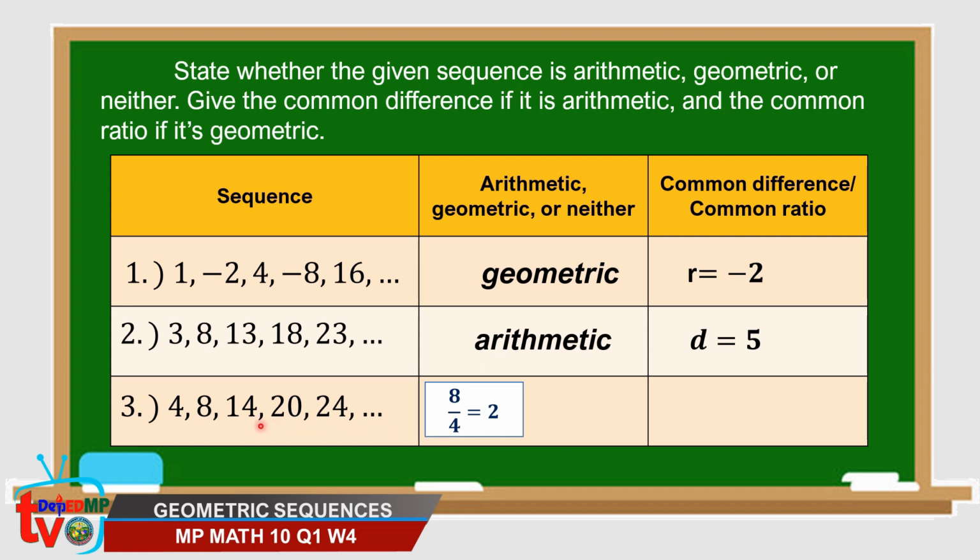Then, what about 14 divided by 8? It is equal to 7 over 4. So we can see here that the sequence has no common ratio, so it's not geometric. Therefore, this sequence is neither geometric nor arithmetic.